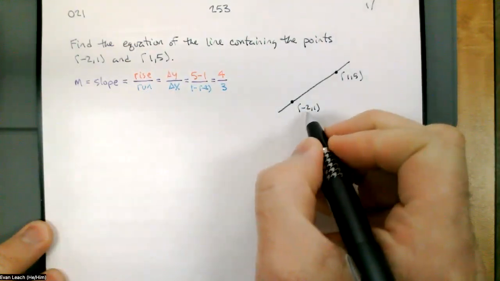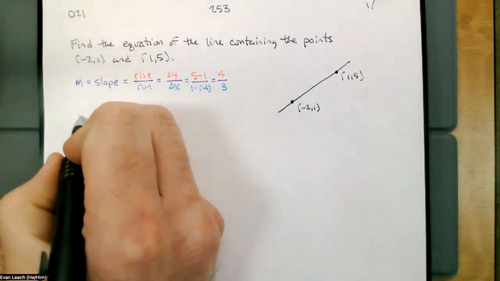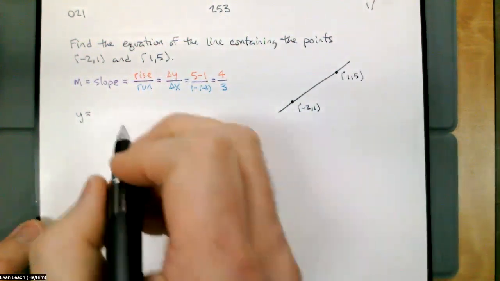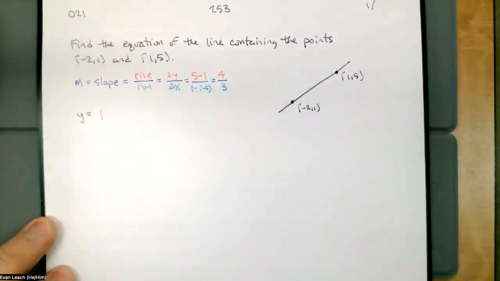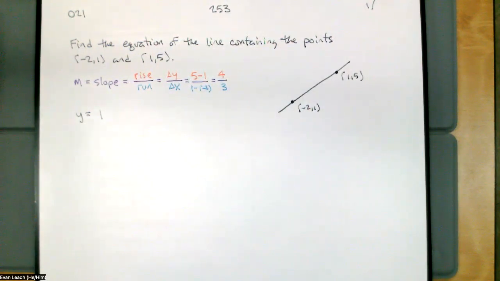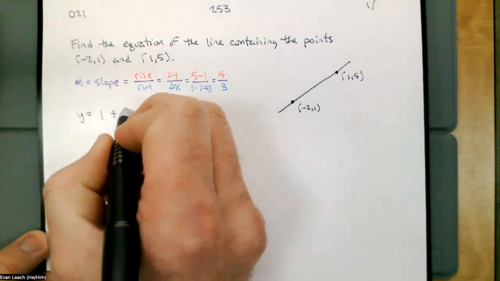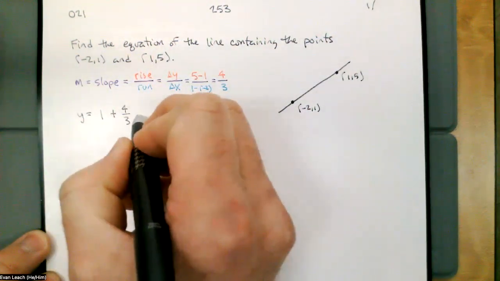So I'm going to pick this point, negative 2, 1, and I'm going to describe what's going on in this line. I'm going to say the Y value starts off at 1 when X is negative 2. So the Y value is 1, and it's going to increase by 4 every 3 units, or increase by 4/3 every 1 unit.